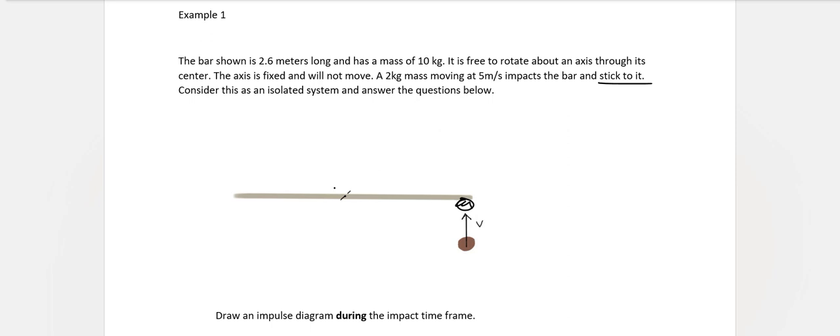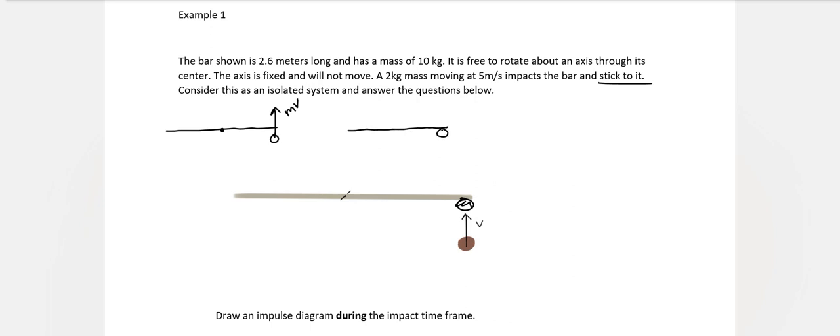Now, I'm going to draw a series of pictures here. They're going to be kind of crummy pictures, but here's the bar, here's the putty, here's the axis of rotation. Here's the momentum vector, mv, for the putty. Next picture.